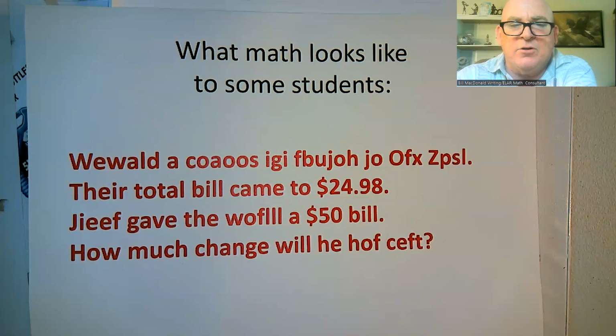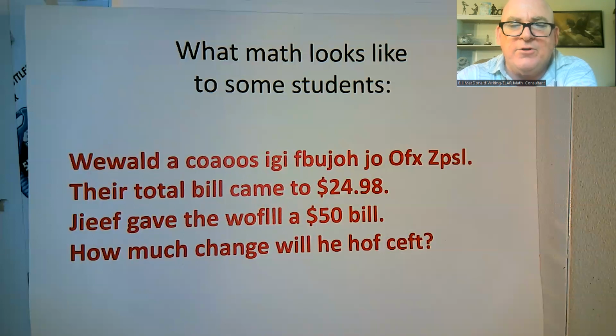So all I understood was that somebody paid for something that cost them that amount. Geoff gave the waffle a $50 bill. Okay. I don't know who Geoff is, but it sounds like a person. A waffle sounds like something you eat, but in this case, somebody who received the money. How much change will he Hoftheft?